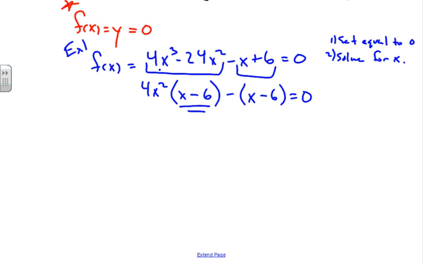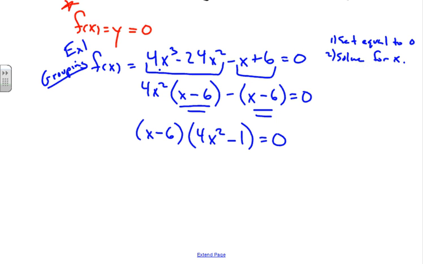Now, with grouping, we are factoring out this common expression. When we do that, we have x minus 6 times 4x squared minus 1 equals 0, and now we're going to set each one of these expressions equal to 0 and solve. Where will x minus 6 equal 0?